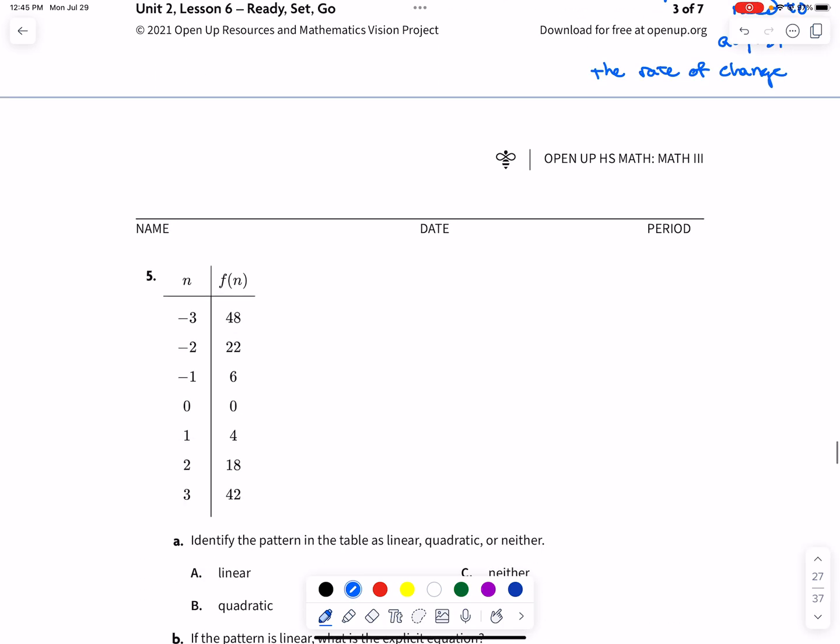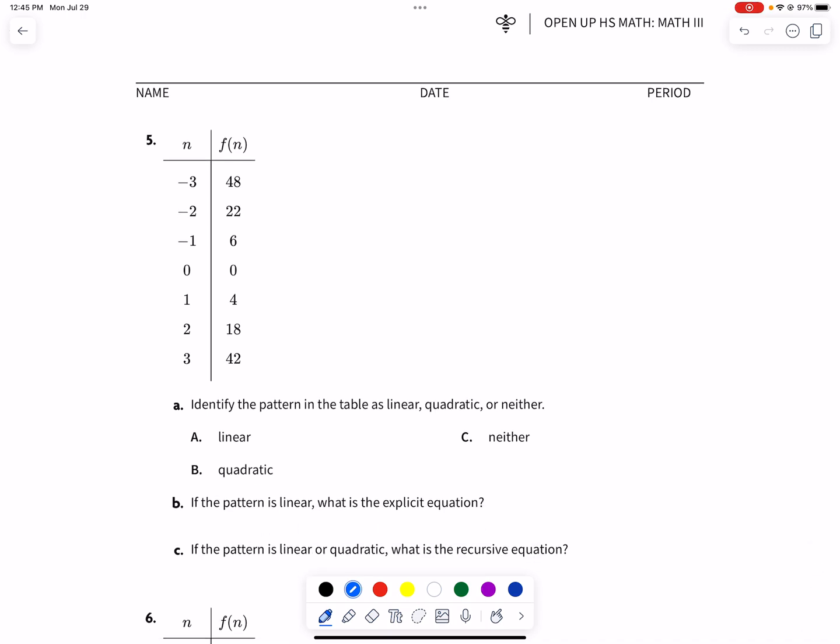Okay. All right, going on. Looks like, is this going to be another linear, or are we back to quadratics? Aha. Let's do this. Okay, 18 to 42 is adding 24. 4 to 18 is 14. 0 to 4 is 4.